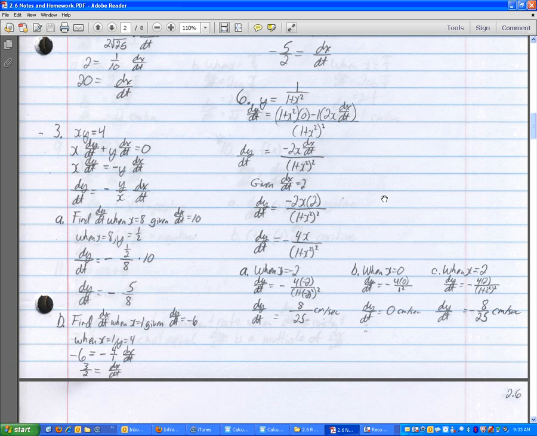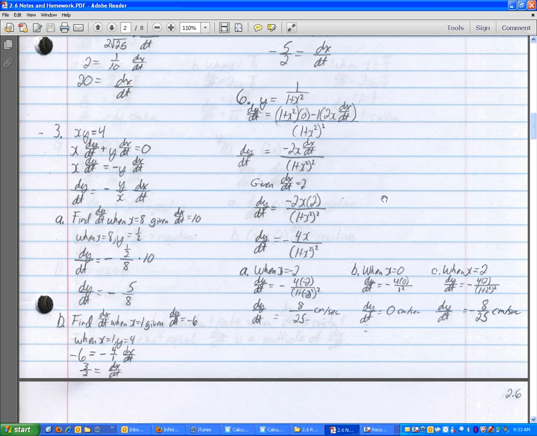So we have, for number 6, y equals 1 over 1 plus x squared. So let's turn that into a related rate equation. We're going to relate the rates of dy dt and dx dt, because again, they're giving us the equation that has the knowns and the unknowns in there.